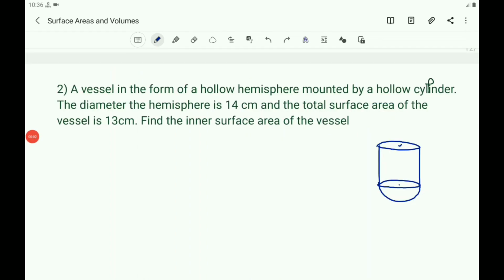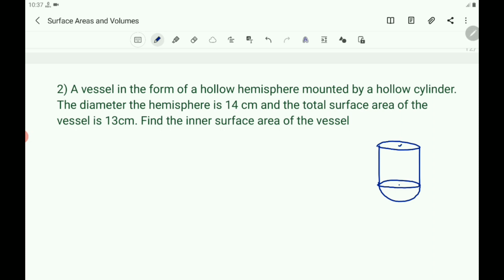Now the second question is: a vessel in the form of a hollow hemisphere mounted by a hollow cylinder. The diameter of the hemisphere is 14 centimeter and the total height of the vessel is 13 centimeter. Find the inner surface area of the vessel.